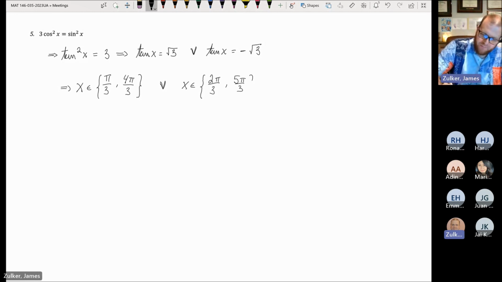So 2 pi over 3 and 5 pi over 3. Right, so this means that x is pi over 3, or 2 pi over 3, or 4 pi over 3, or 5 pi over 3. There's our solution set.